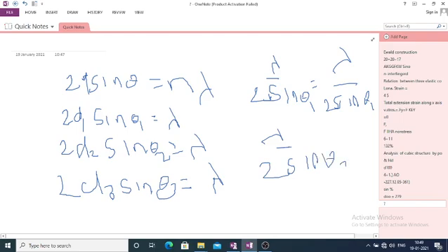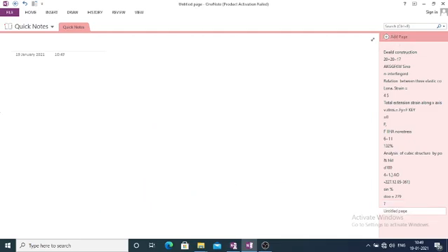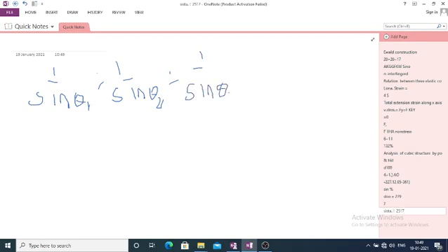If you compare this proportionally, we got 1 upon sin theta 1, 1 upon sin theta 2, 1 upon sin theta 3. So this is the proportion of these three planes.